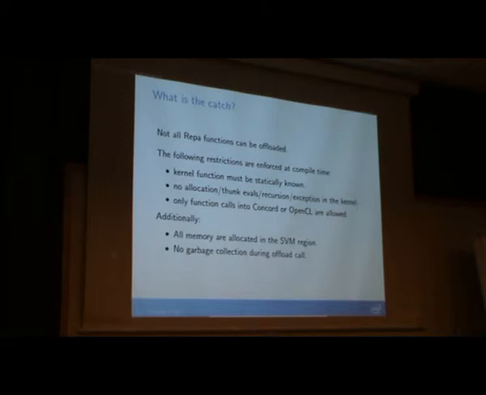overly restrictive, but it's actually not. Additionally, to simplify our implementation, we choose to allocate all the memory in the shared virtual memory space. And we insist that the garbage collector is suspended while we're running this offload function on the GPU.